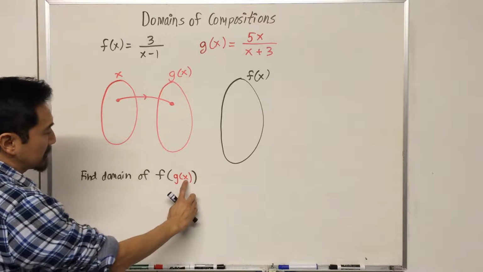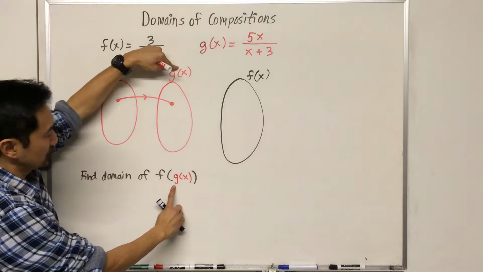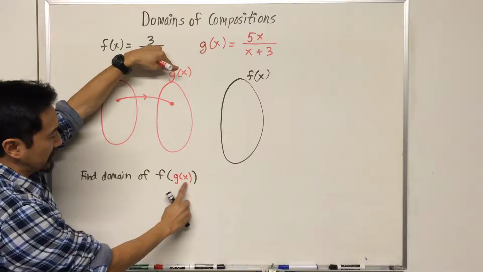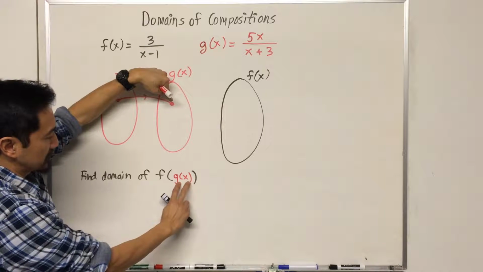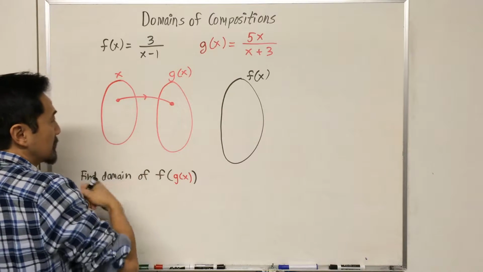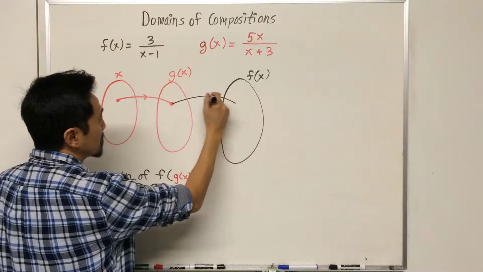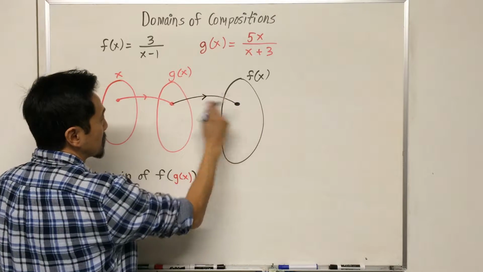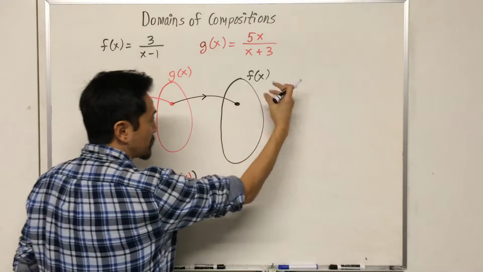So, this statement says what? That the x's in red will first be placed into the function g, and you will get a number, which is a g value. And then that g value is going to be inserted into the function in black. So that number in red is then going to try to go into the function in black, and when it does, we need a real output.